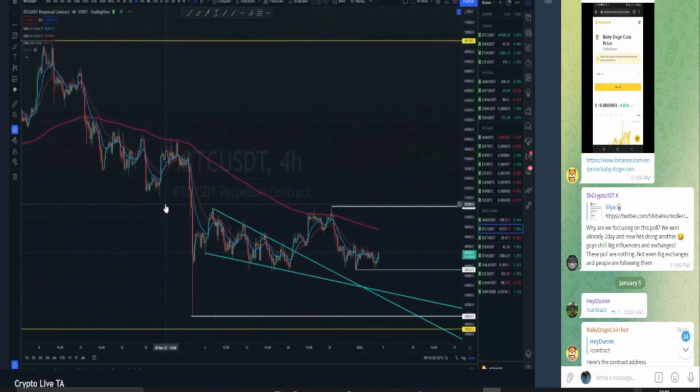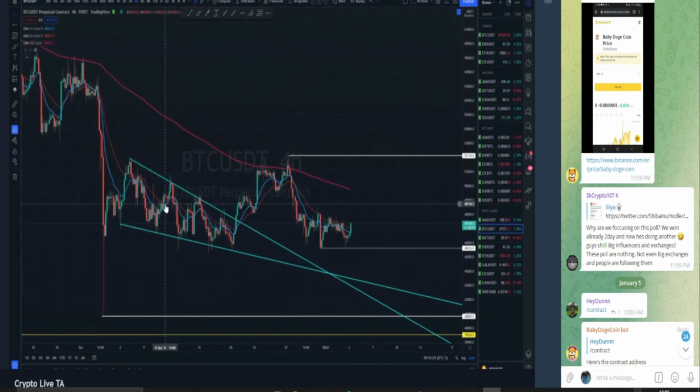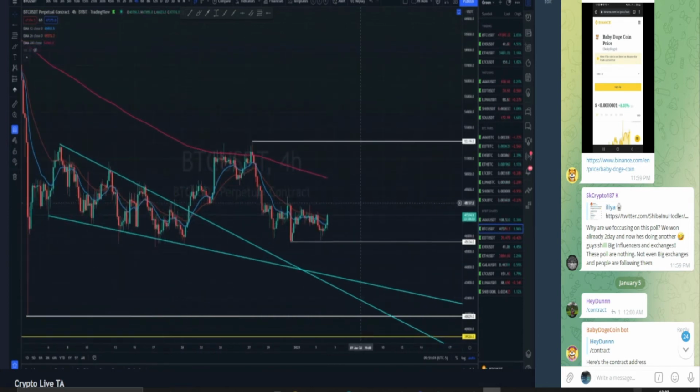All right, so what do I mean by price beating time and time beating price? So let's start with the more bullish scenario. If you extrapolate out your 4 hour 200 EMA, right? If price beats time, if price reaches the 4 hour 200, that is more bullish, right? If time beats price, meaning that we push sideways here, right, and the 4 hour 200 EMA meets price, that is more bearish, right?